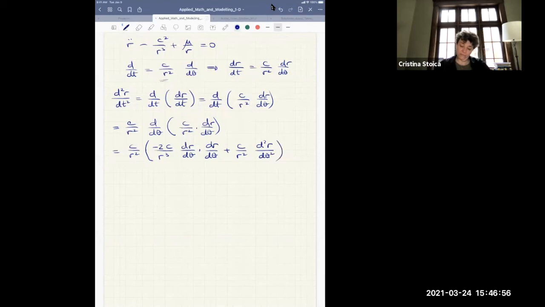There you go. So now this will turn out to be minus 2C squared over R to the 5 dr d theta squared plus C squared over R to the 4 d²r d theta².